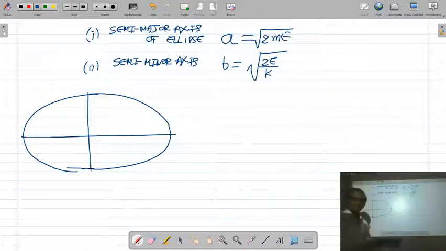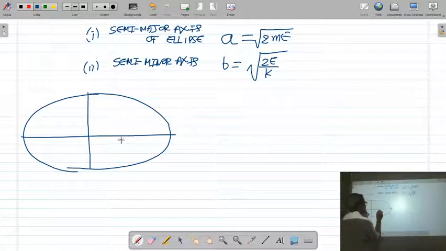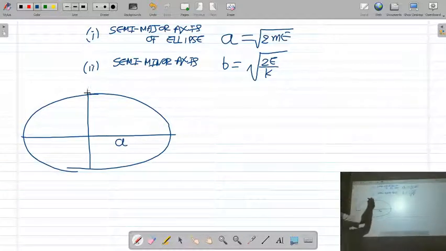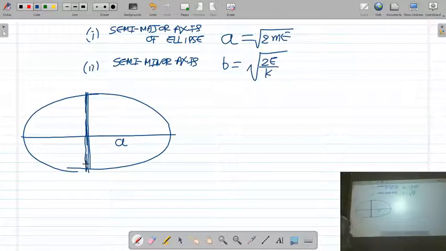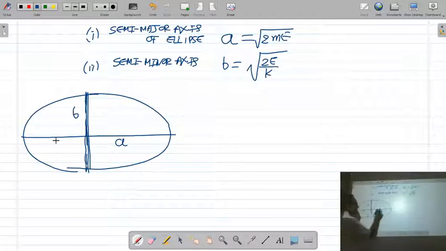In an ellipse, you know very well that the longer axis is called the major axis. The total length of the longer axis is 2a, so a is the semi-major axis.